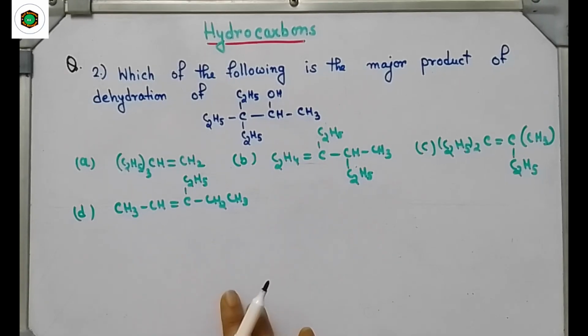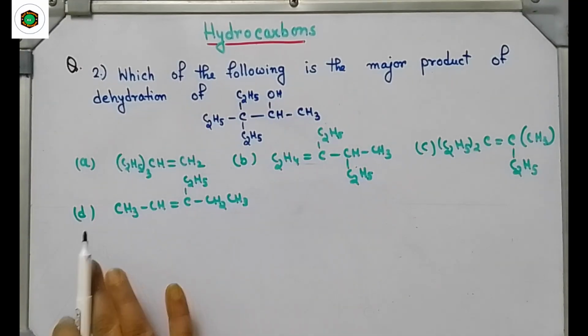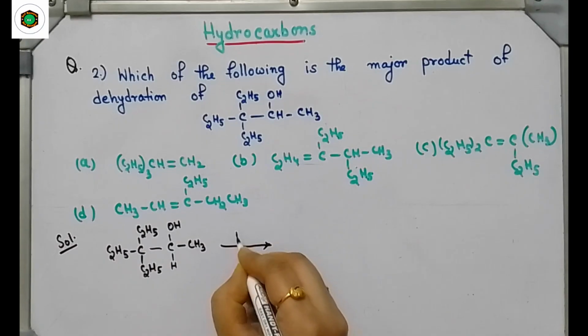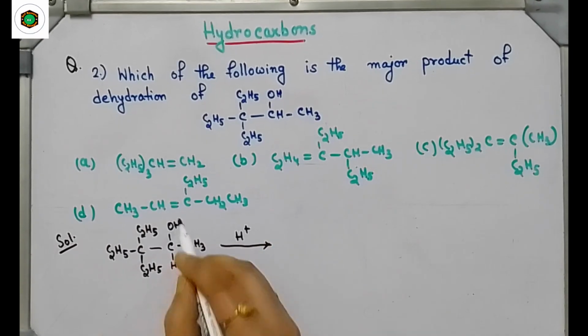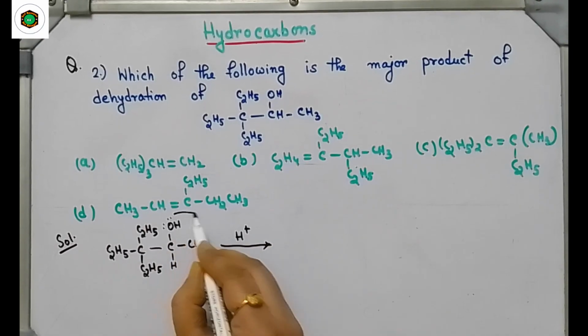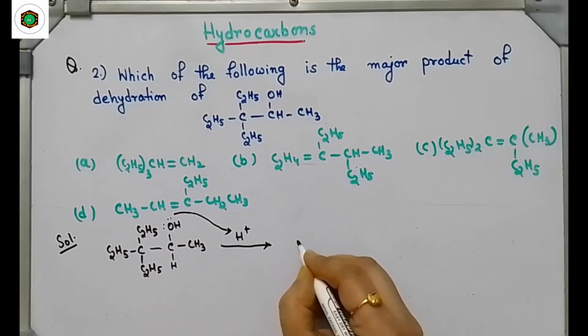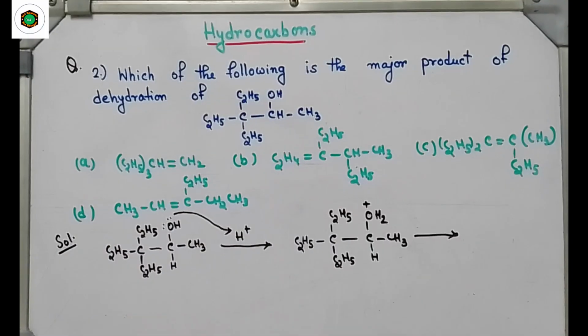Now next question is very interesting. Which of the following is the major product of dehydration of this alcohol? 4 products are given. So what we have to do? We have to do here dehydration reaction. Take the substrate. In presence of H plus, what will happen? Oxygen lone pair will be donated to H plus and we will get this oxonium ion.